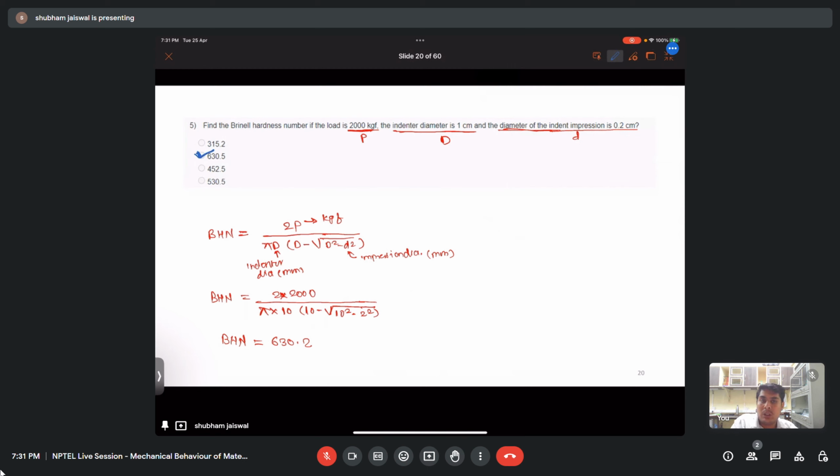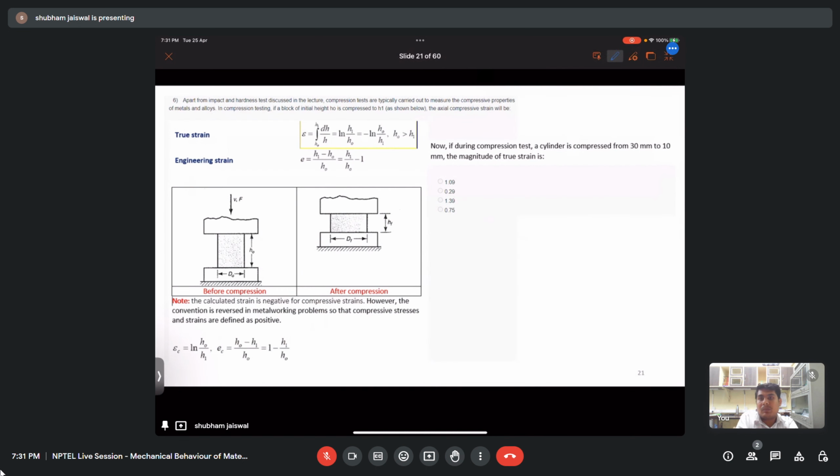Okay, now moving towards the next question. Apart from the impact and hardness tests discussed in the lecture, compression tests are typically carried out to measure the compressive properties of metals and alloys. In compression testing, if we take a block of initial height h0, we can compress it to a height of h1.